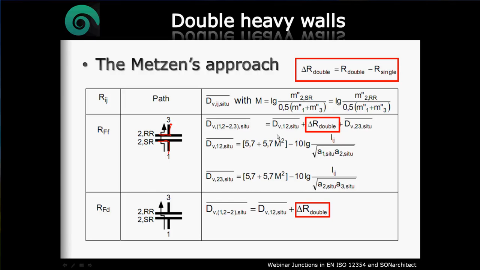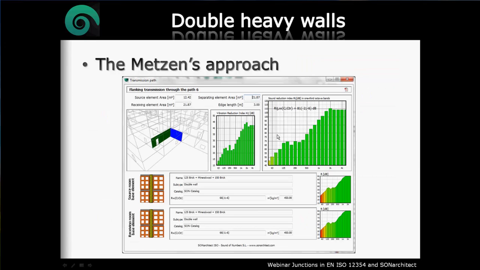As I have said, we have implemented this model into SONarchitect. So whenever you assign a double heavy wall and face another double heavy wall, this model is applied automatically.